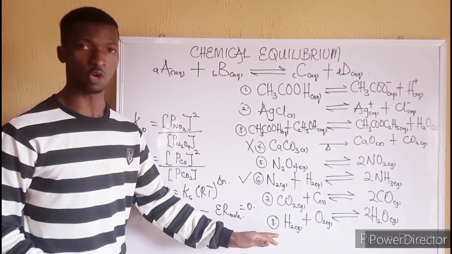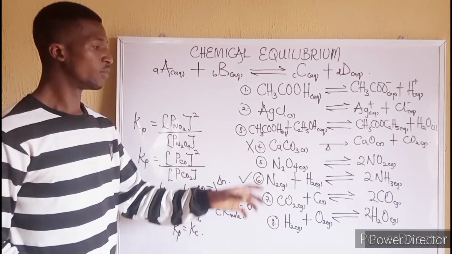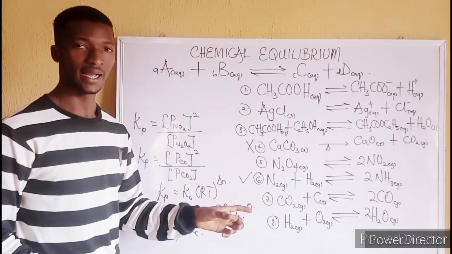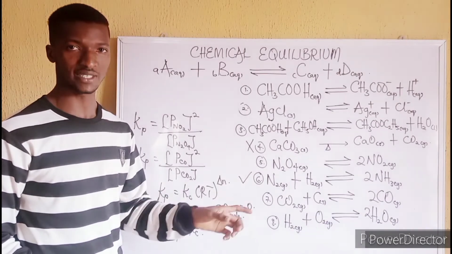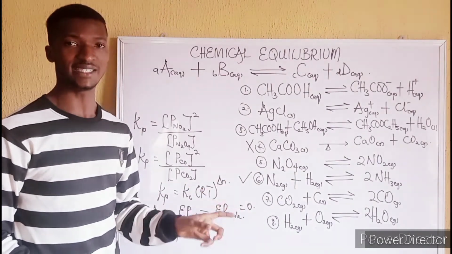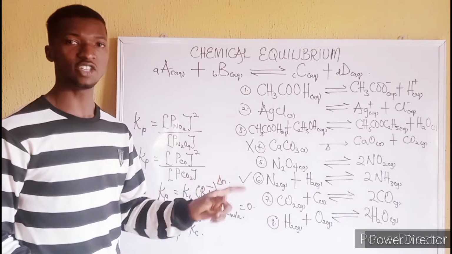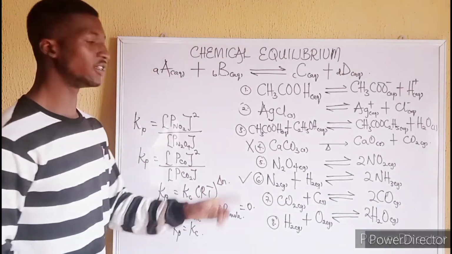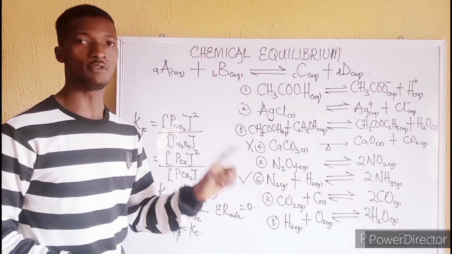For the 8th equation, you realize now that one of the components is water and it is in a gaseous system. Earlier I said that you don't take water to be 1 in a gaseous system. Instead, you consider the partial pressure of water.